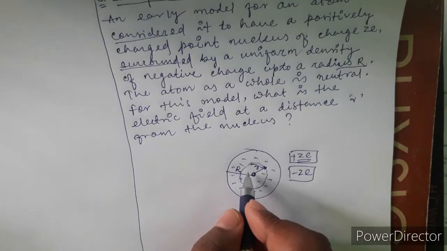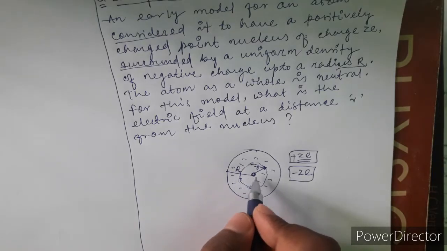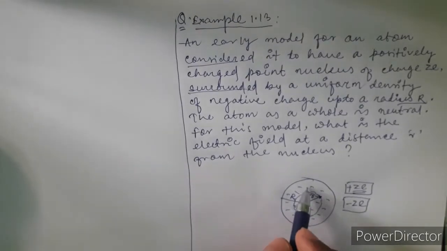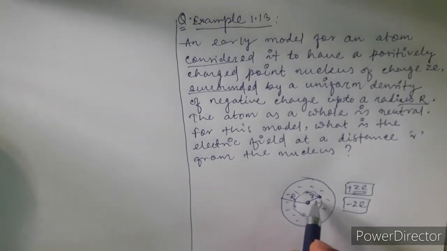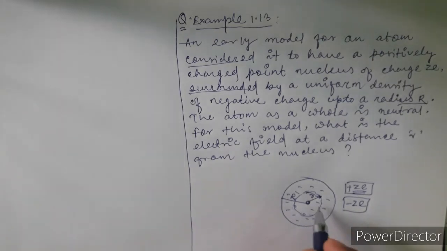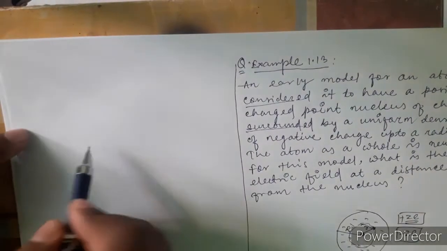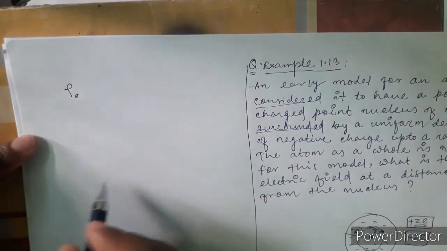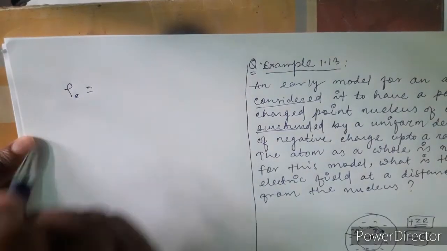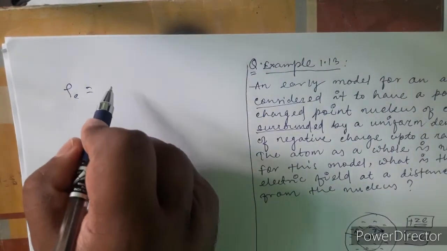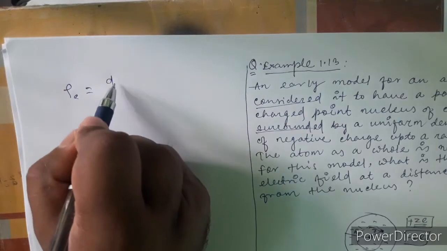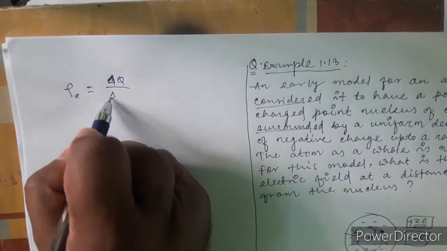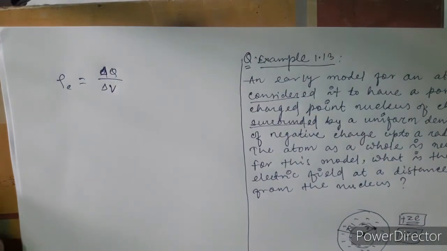So let us first calculate the total charge inside this Gaussian surface. Let us first calculate the charge density of the electrons. Let's say the charge density of the electrons is rho e. The charge density is delta q by delta v, the volume of the atom.